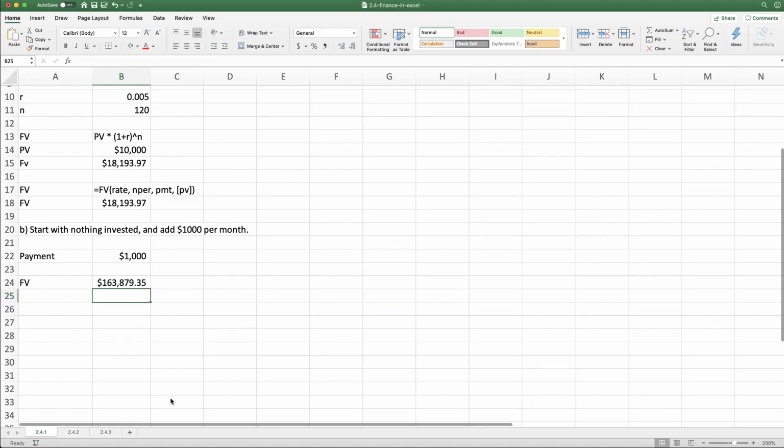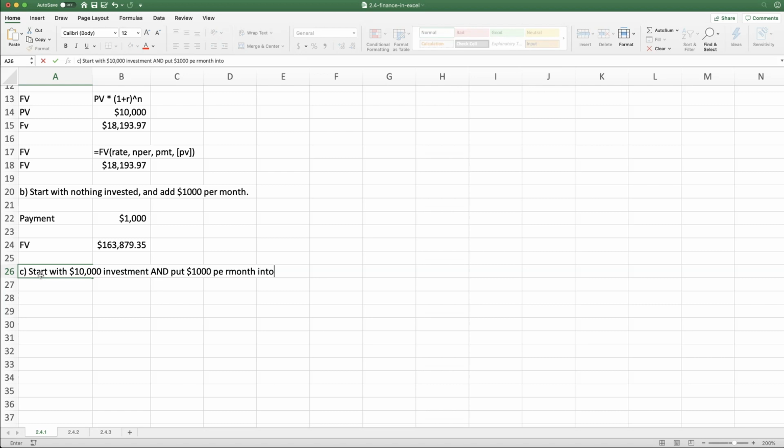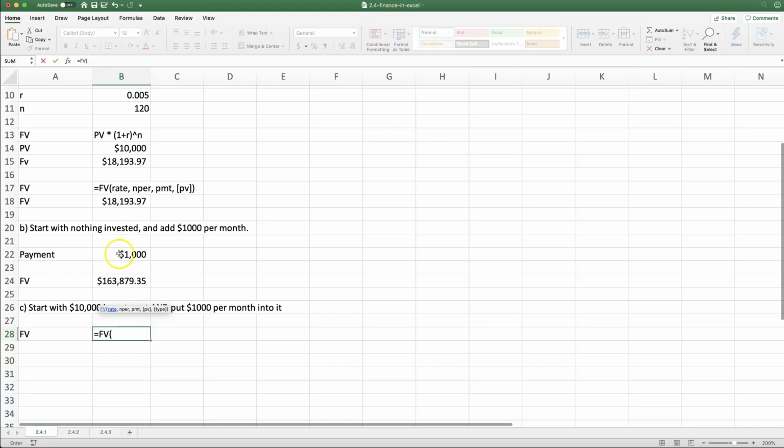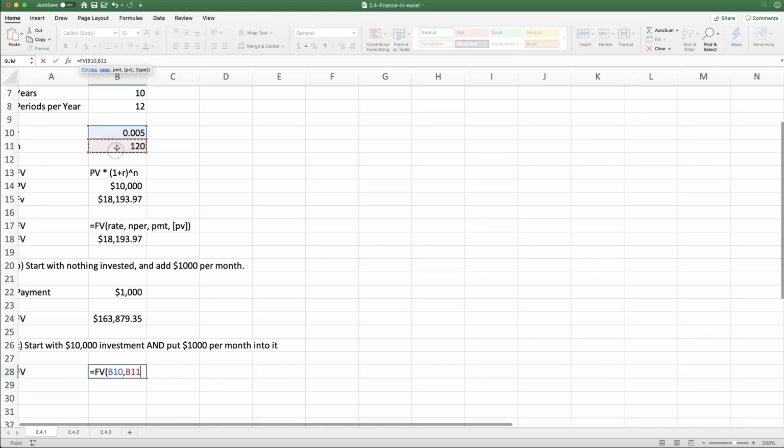Finally, let's combine these two. Let's say that we start with $10,000 as an investment and we put $1,000 each month into it. Using the same data, we can compute the future value using the future value formula. The rate is still 0.005. The number of periods is still 120.